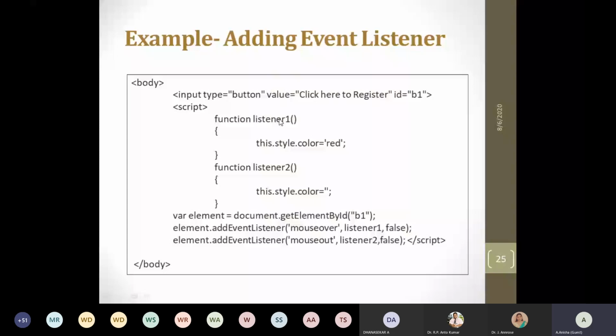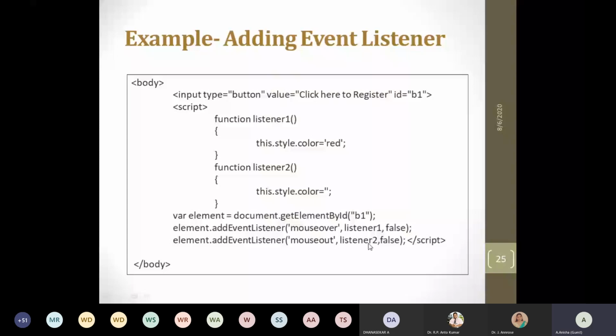Right? So in the listener1 function, I have modified the style object, that is the color, the foreground color of the particular button, to red. The text that is displayed on the button will be changed to red color. And when I move away the mouse, I'm adding a listener with mouseout. When the mouse is moved away from the element, the listener2 function should get called.